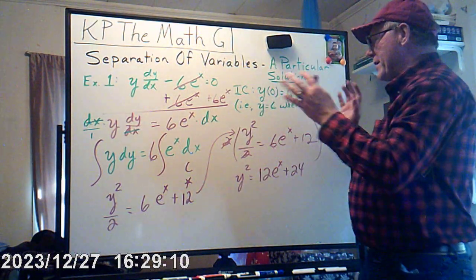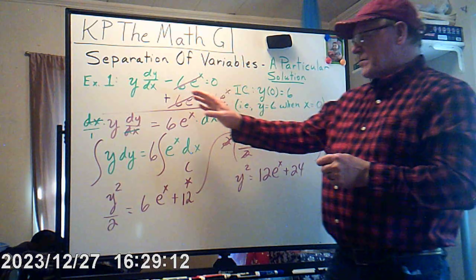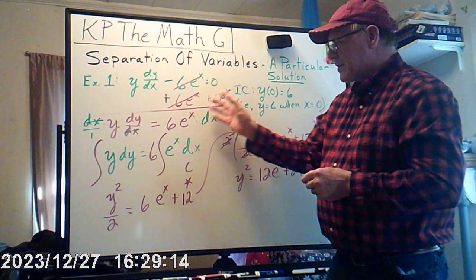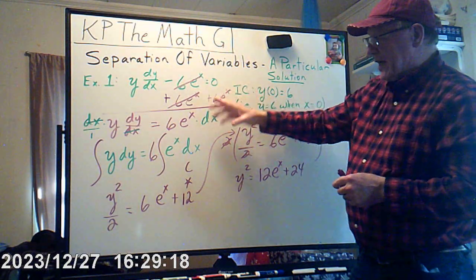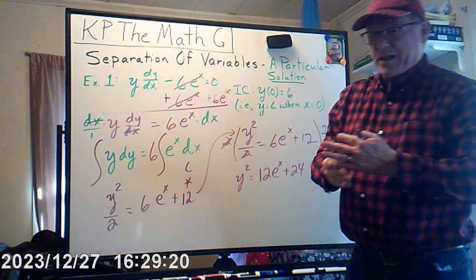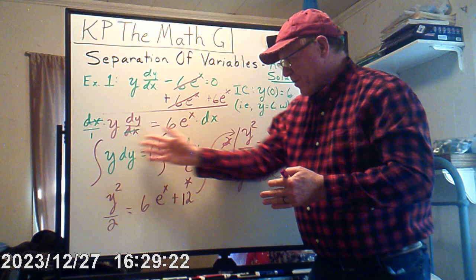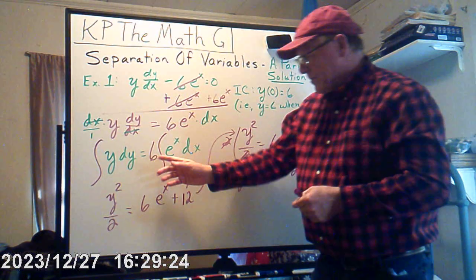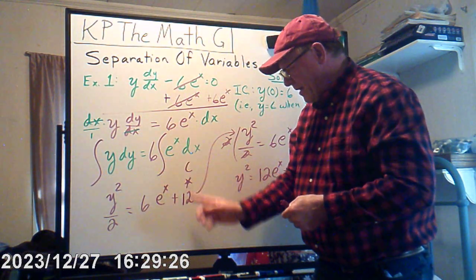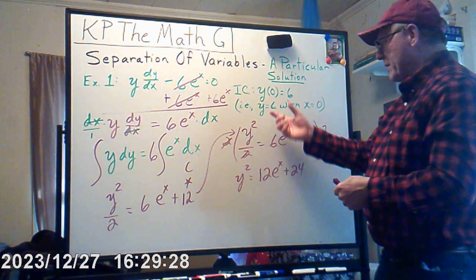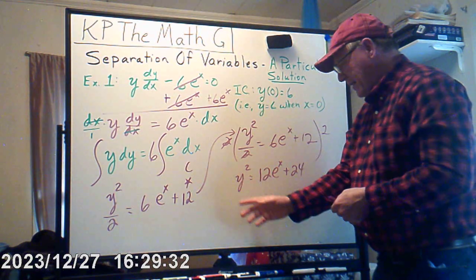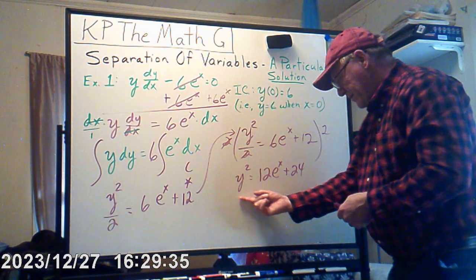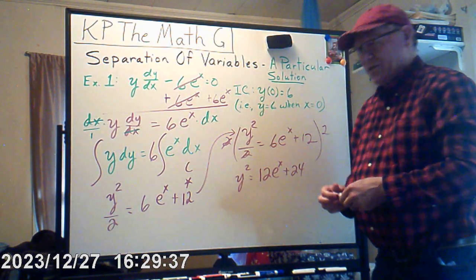So what did we do? We had to separate the variables. Actually we added the 6e to the x to both sides, but in the process we separated the variables. We integrated, we added the plus c on the end, we plugged in the numbers, x is 0, y is 6, and we found the not so general equation.